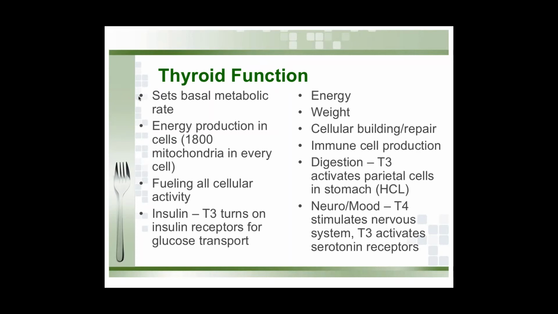But in all areas, including neurotransmitter production and our mood and our nervous system. So it's not just neurotransmitters. T4 hormones stimulate our vagus nerve, which influences peristalsis in the gut. So when thyroid function is low, that's one of the reasons people can have constipation symptoms.